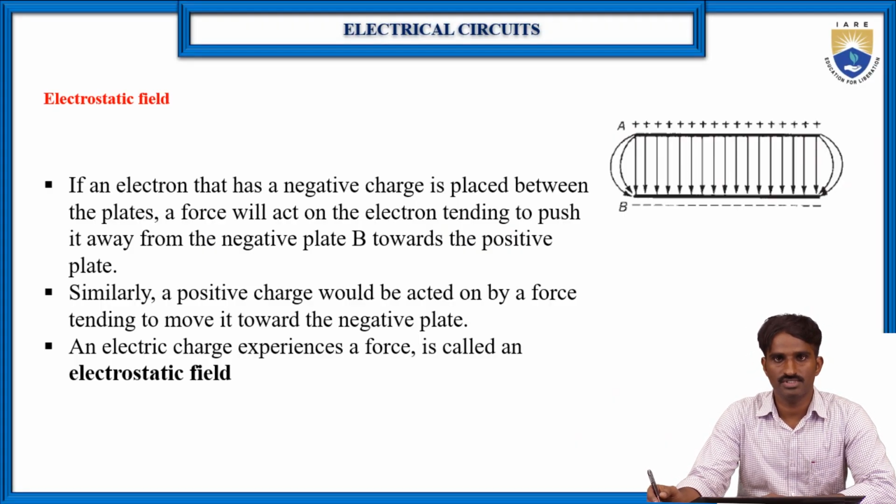To understand what capacitance is, first let us understand what the electrostatic field is. There are two different fields: one is the electromagnetic field, and the other is the electrostatic field.